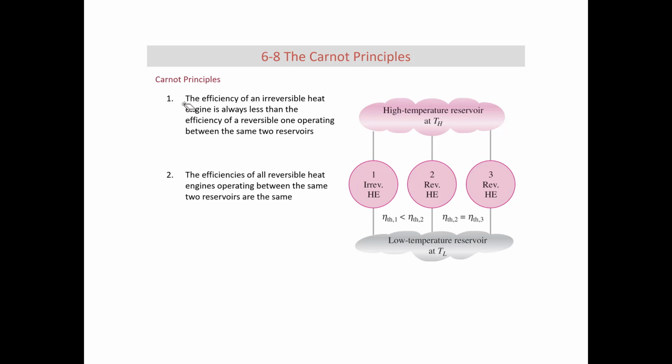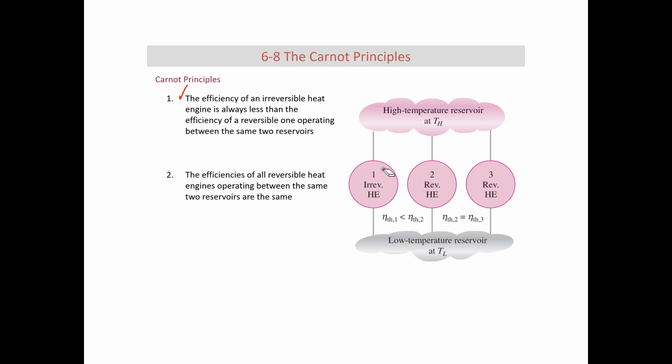Here's Carnot principle 1. The efficiency of an irreversible heat engine is always less than the efficiency of a reversible one operating between the same two reservoirs. So I have a hot source TH here, a cold sink TL here, and heat engines that are all operating between the same two reservoirs.